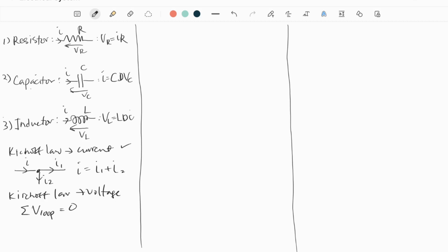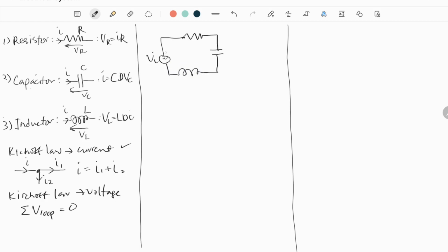So let's look into a simple example. Let's say we have a system with a supply voltage VI, and it has a resistor here, a capacitor, and an inductance here.